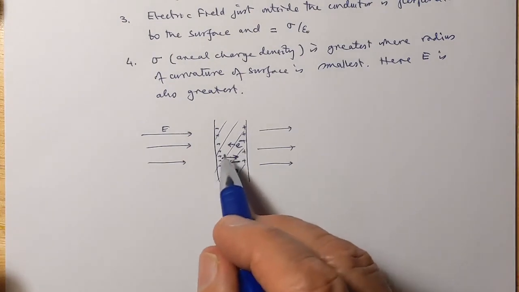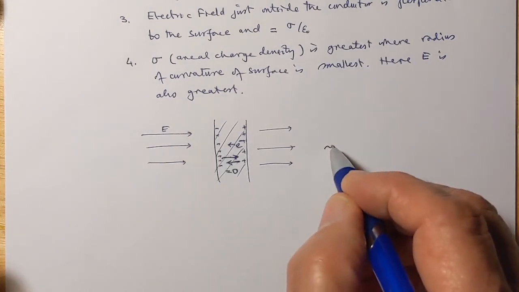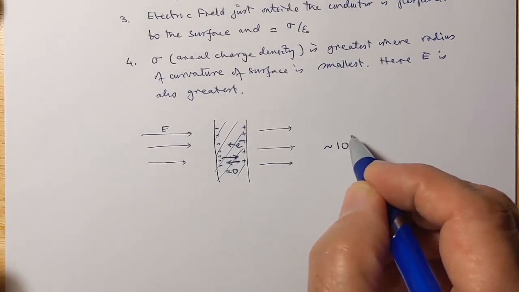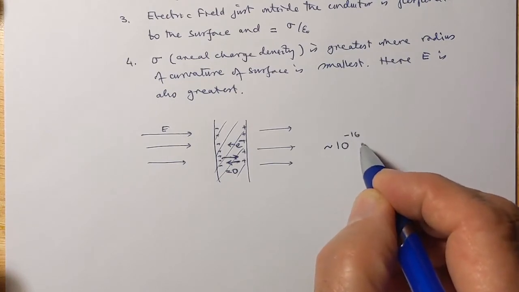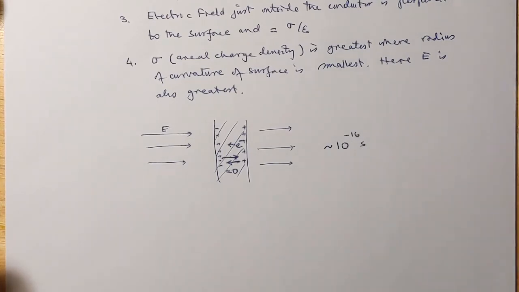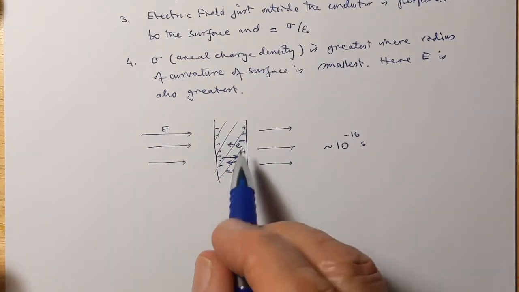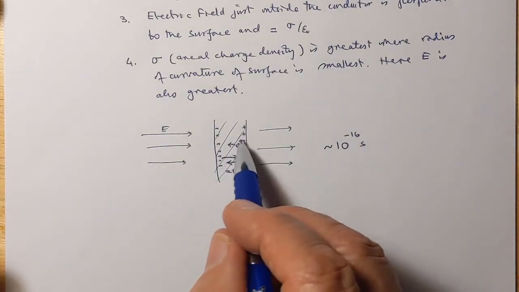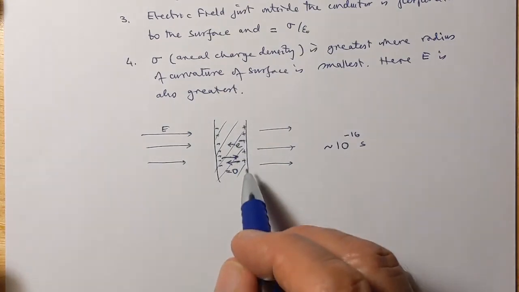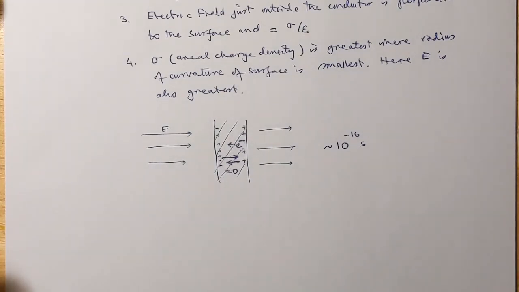Now this takes some time, but that time is extremely small, about 10 to the power minus 16 of a second. So it's essentially an instantaneous process. As soon as you put the metal in the electric field, the electrons immediately come to the left, this side becomes positive, and the electric field inside becomes zero.